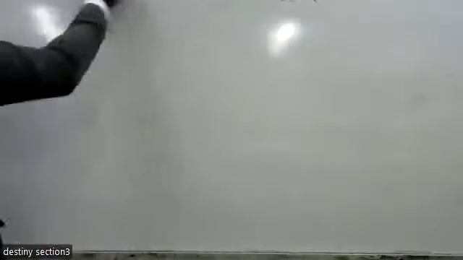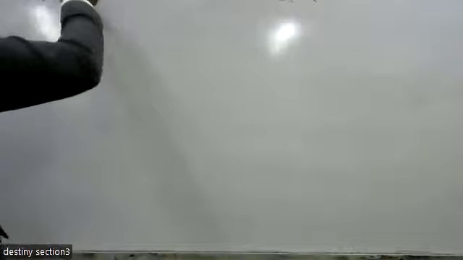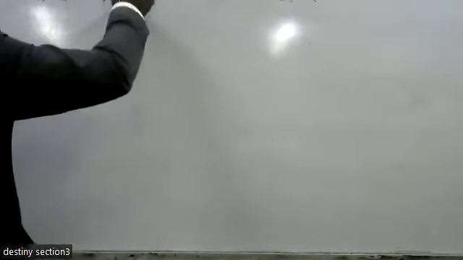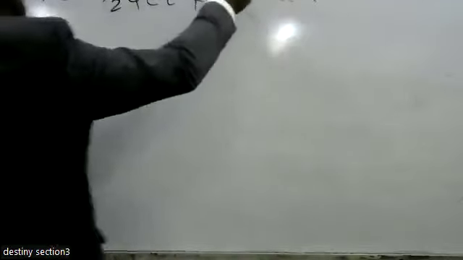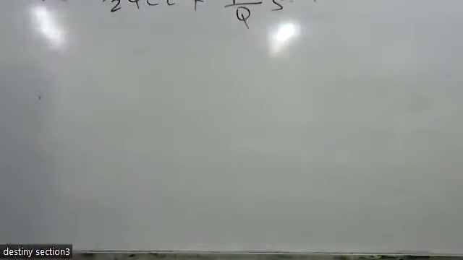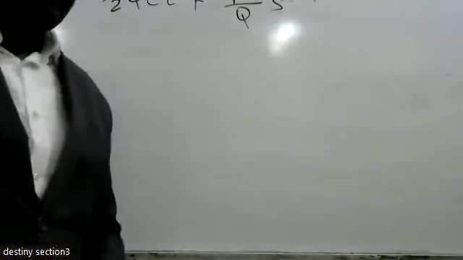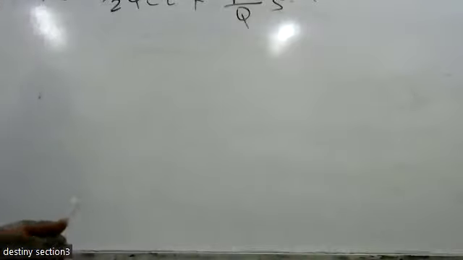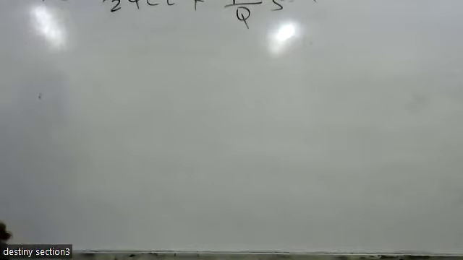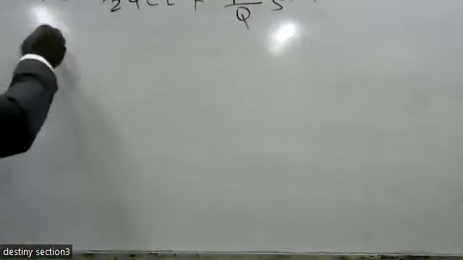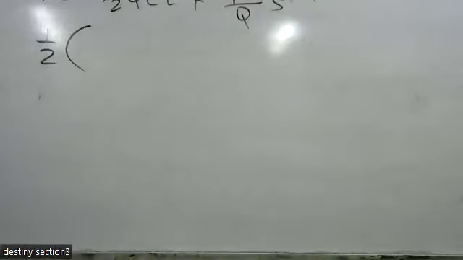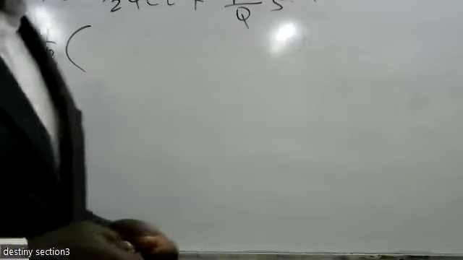So total cost will be the holding cost, half Q CI, plus the ordering cost, R over Q multiplied by S. So we start with half Q CI. What are we given as the Q?